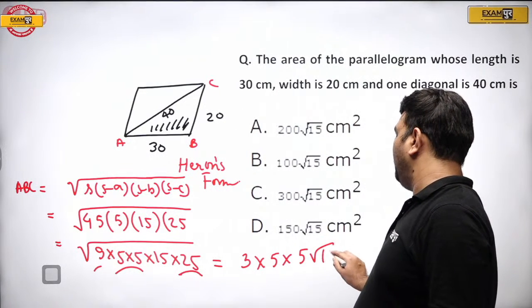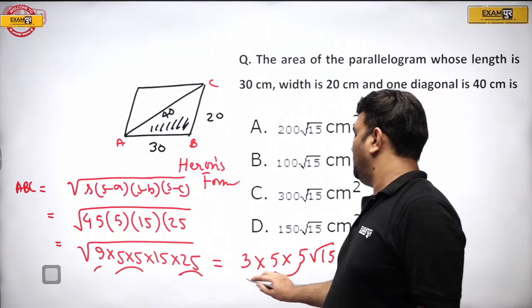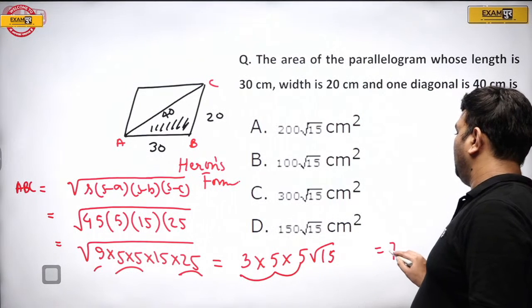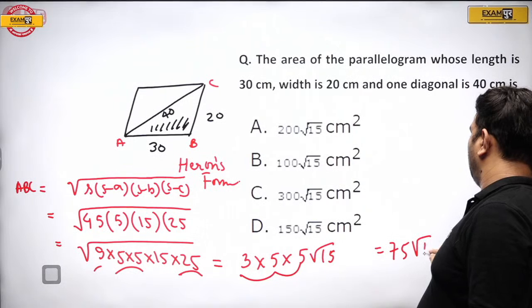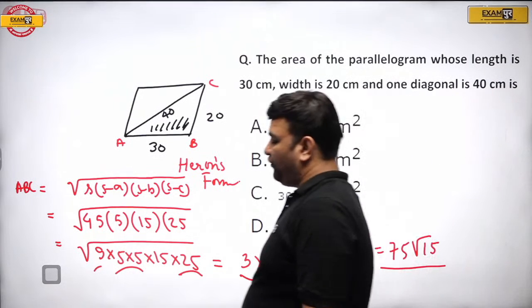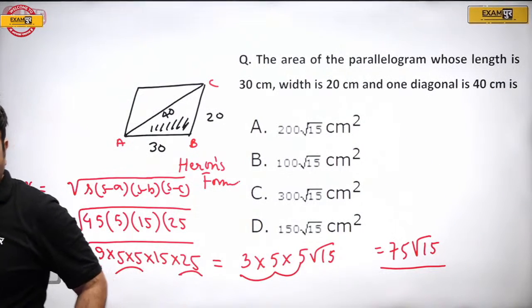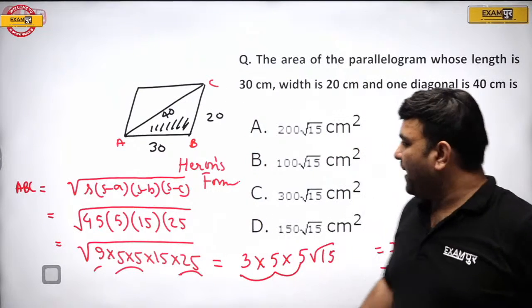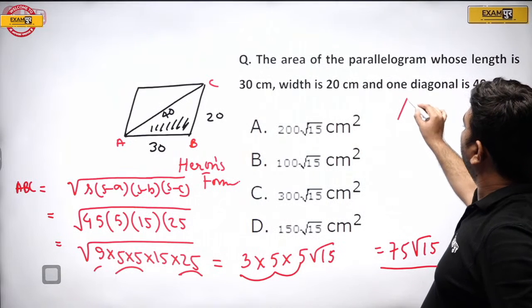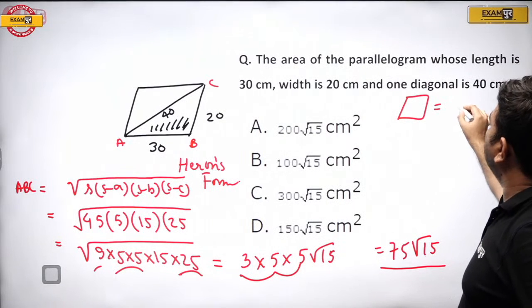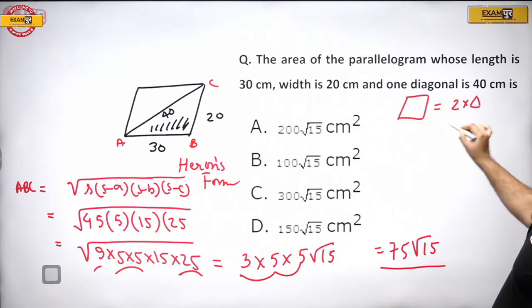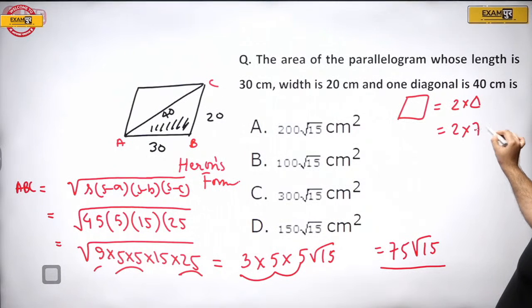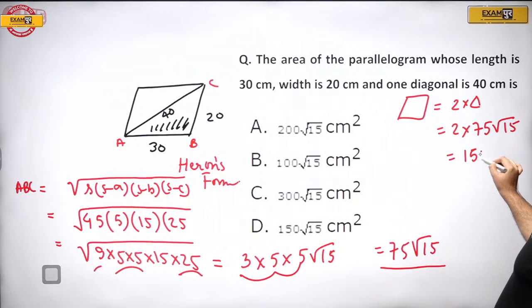Only root 15 will remain inside. 75 root 15 is the area of the triangle. So for the parallelogram, it's double of it. 150 root 15.